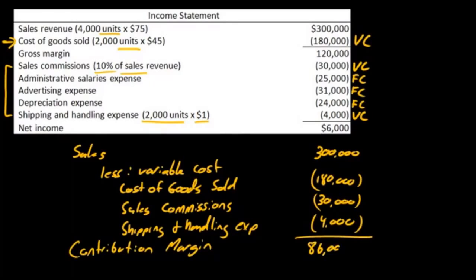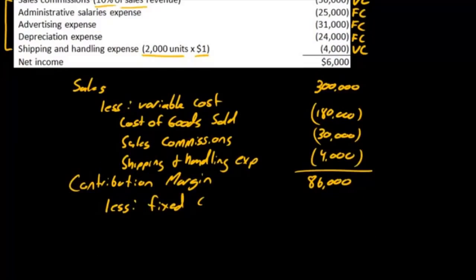So our sales less our variable cost is going to give us contribution margin. In this scenario, that would be $86,000. And then we're just going to take out our fixed cost. That means less the fixed cost. And of fixed cost, we said we had three of them. We had this administrative salary expense, this advertising expense, and the depreciation.